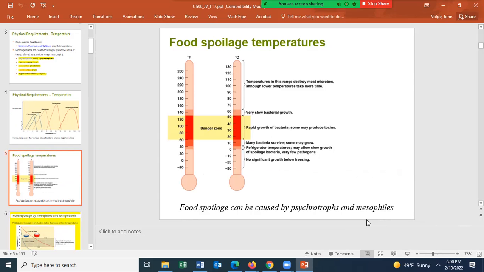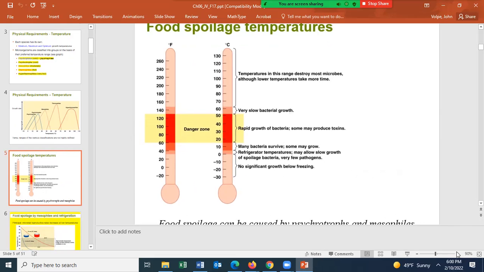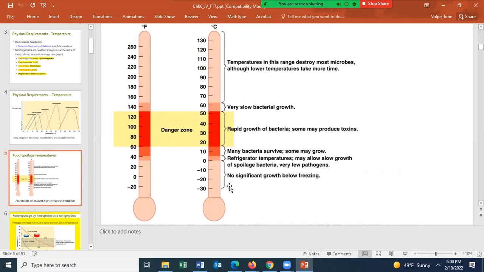All right. Let's briefly talk about food spoilage. Microbes grow very well between 60 and 130 degrees Fahrenheit. That would be something like 15 degrees Celsius to 52 degrees Celsius.